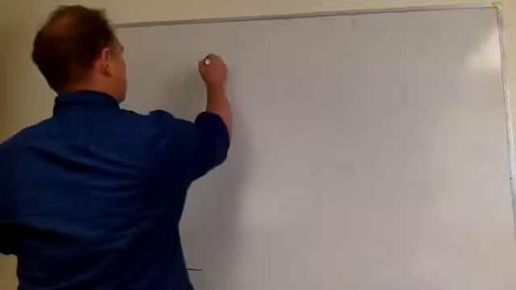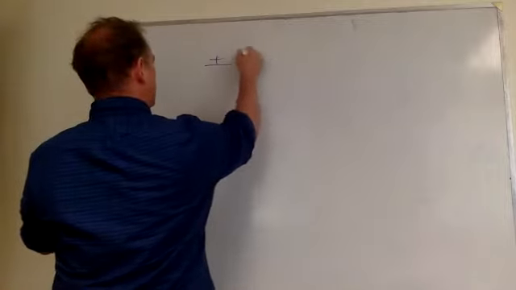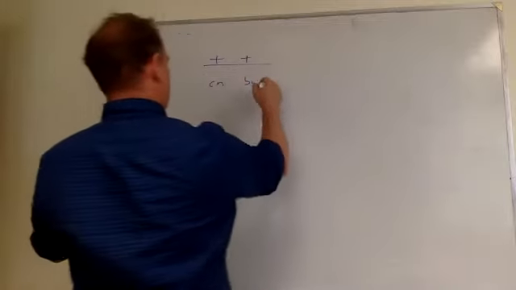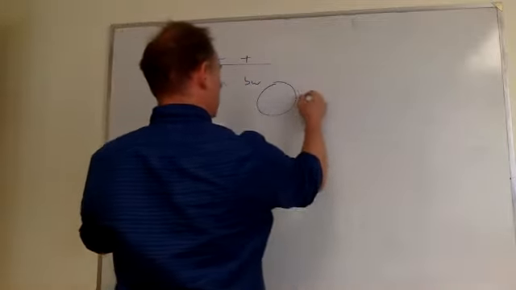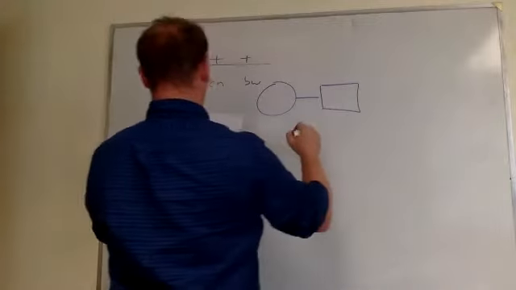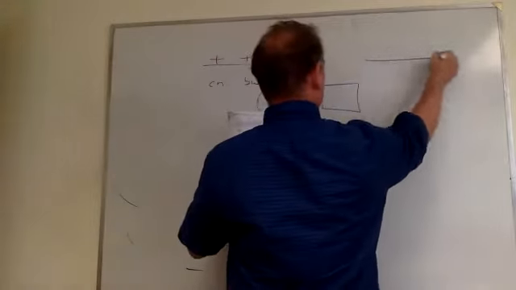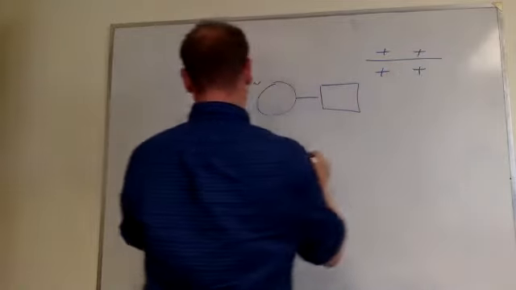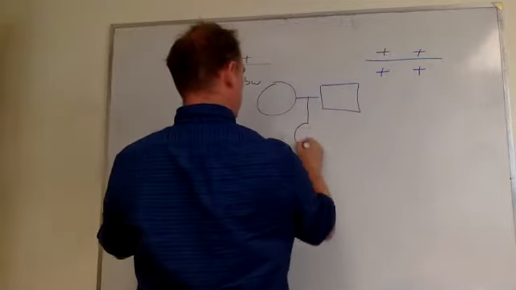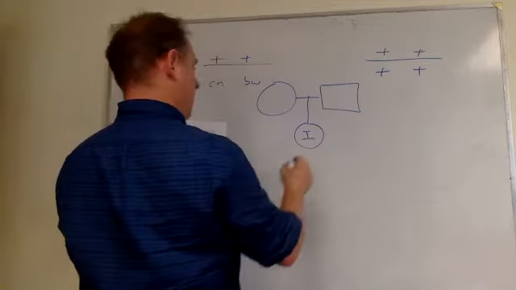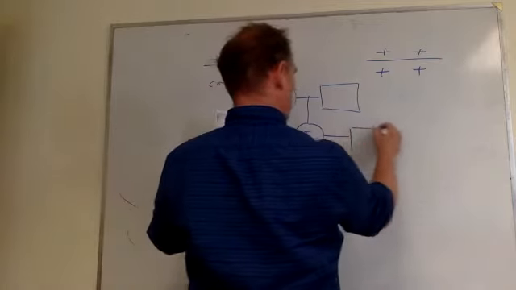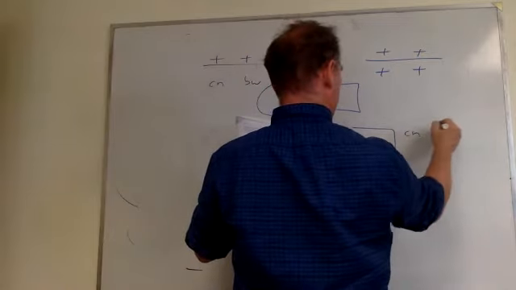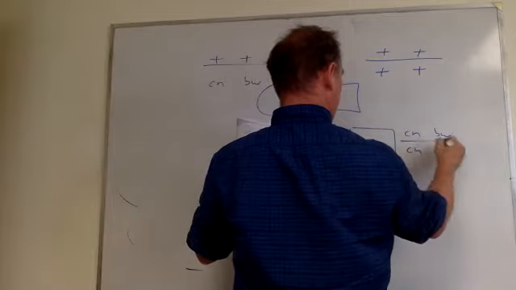Okay, so we have this configuration plus Cinnabar Brown, and then we have individual I. And then, okay. This individual is Cinnabar Brown over Cinnabar Brown.